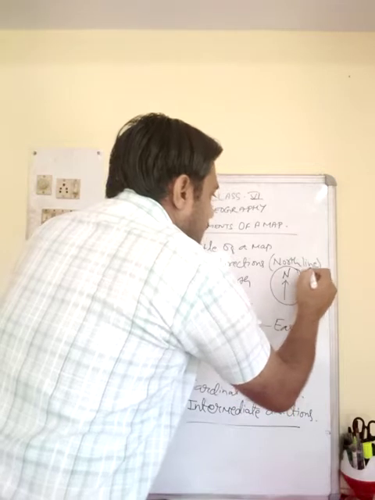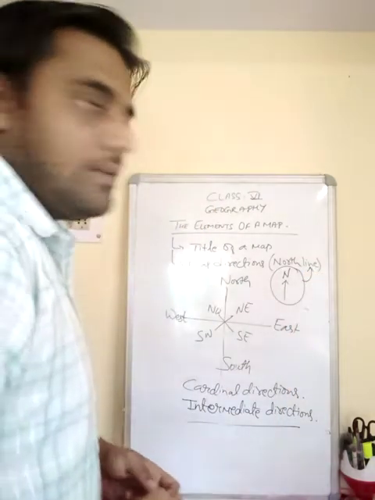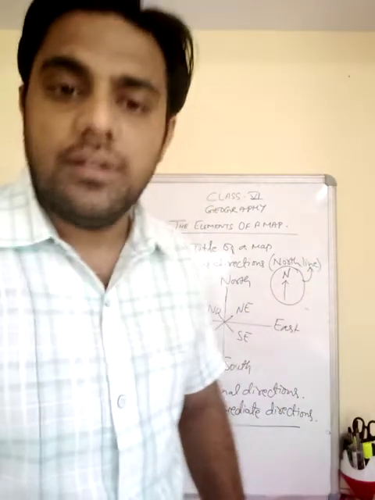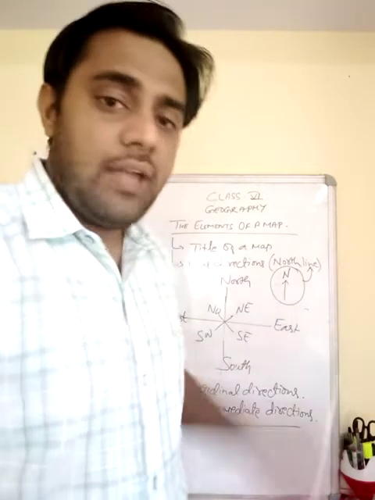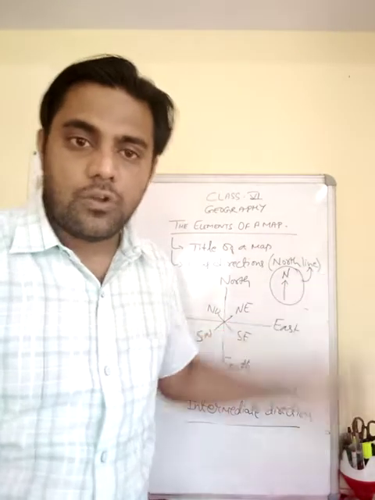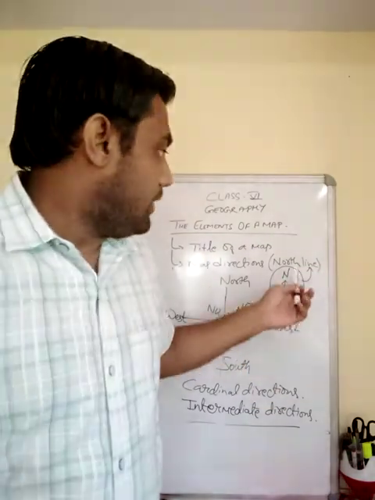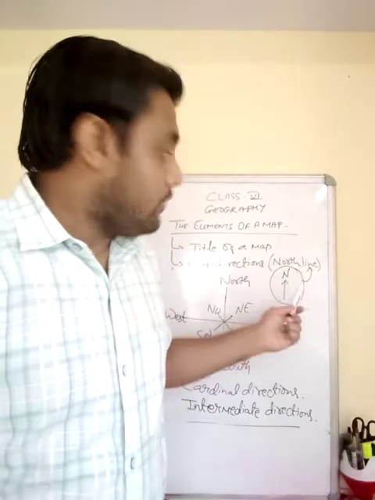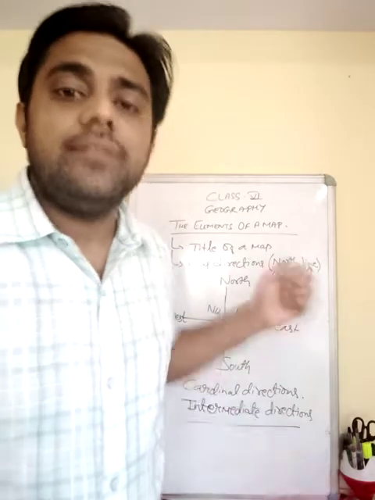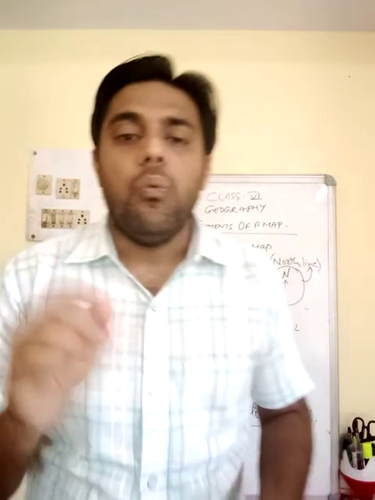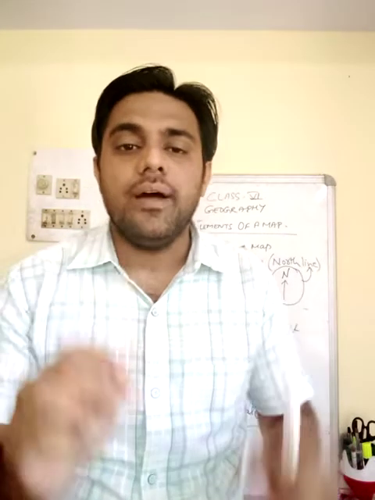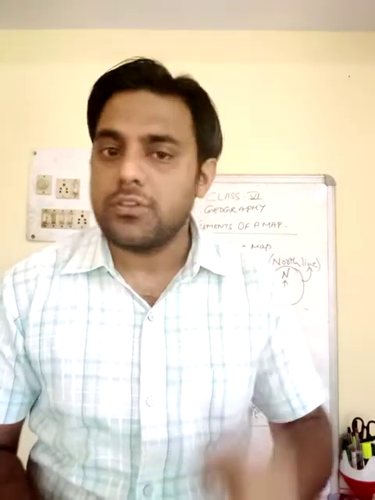This particular design is known as the north line. Every map on the top right corner has an arrow with N marked on it. It is known as the north line, and its purpose is to show where north is on the map.